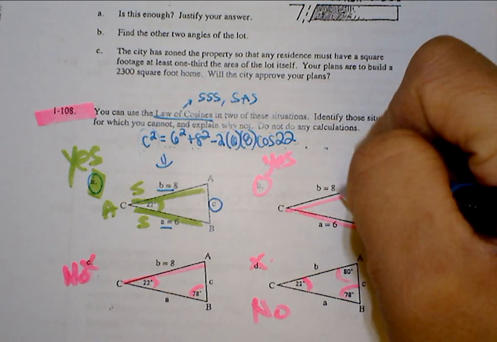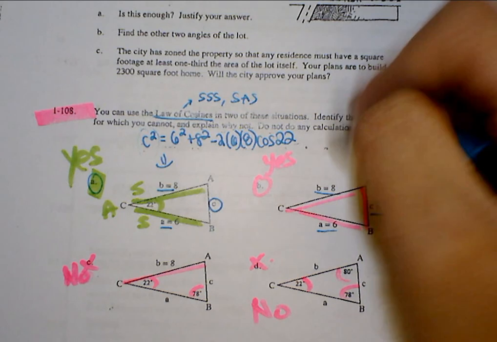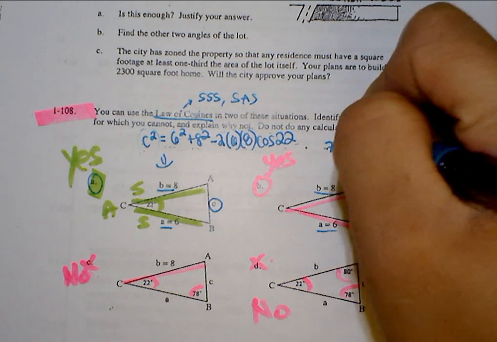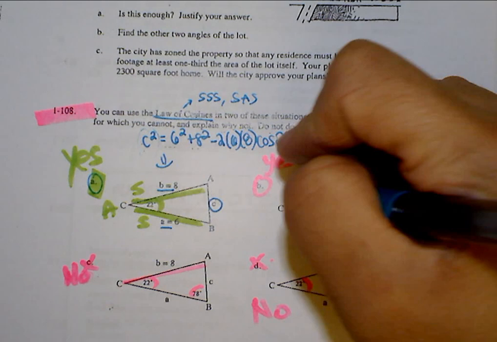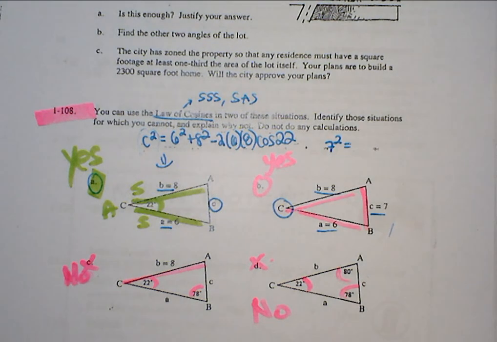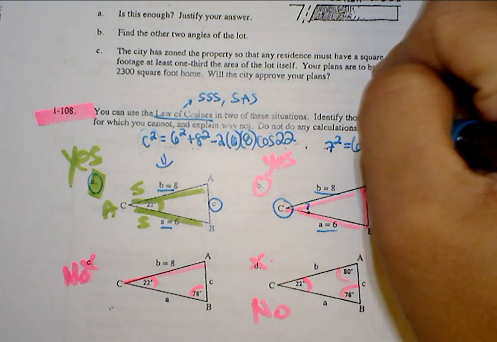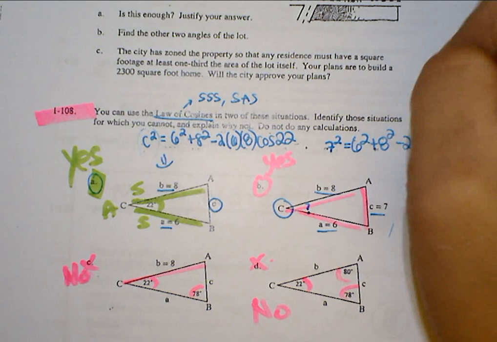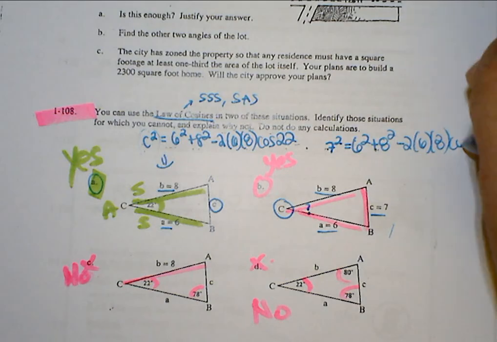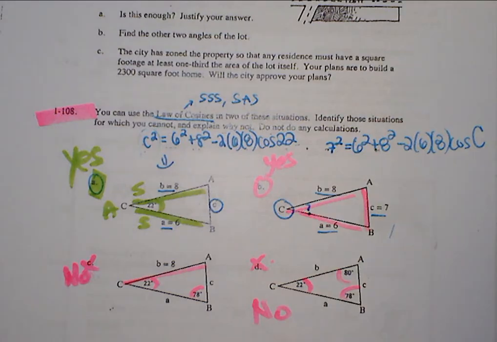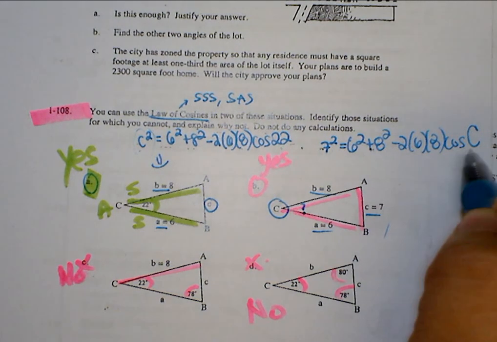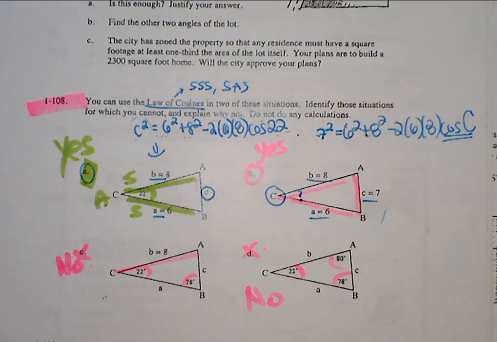Okay? Let's look at this one. If I have a, b, and c, let's say I'm trying to find this missing angle here. 7 squared equals 6 squared plus 8 squared minus 2 times 6 times 8 times cosine of angle C. That's my unknown here.